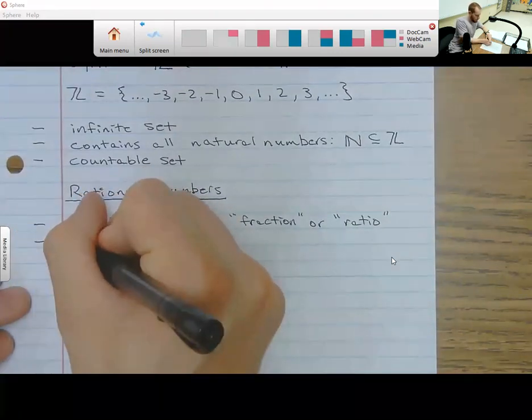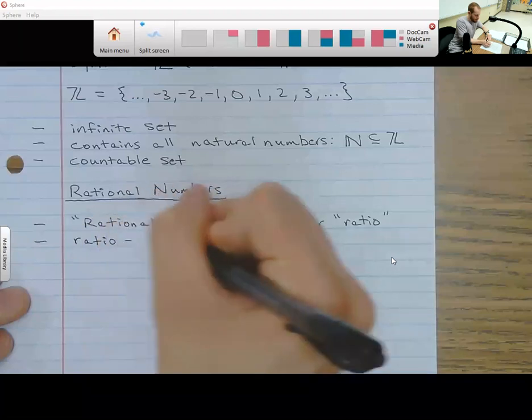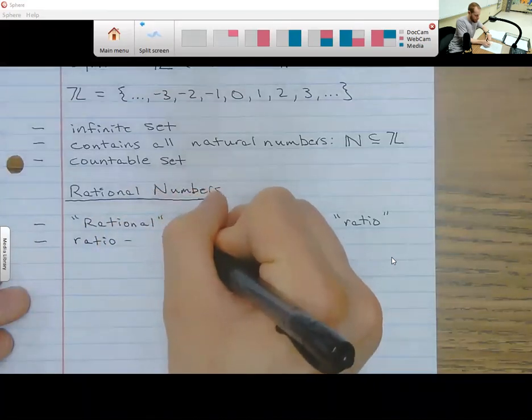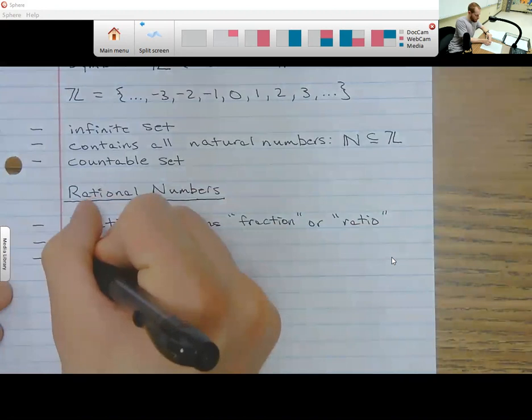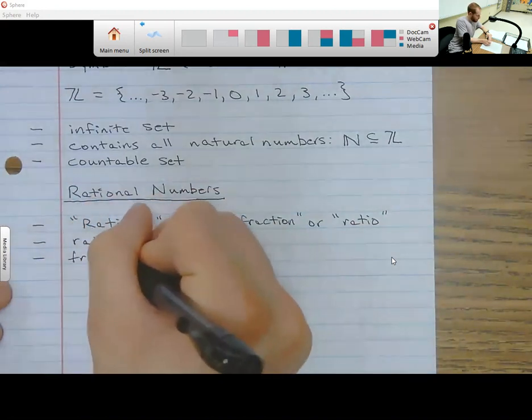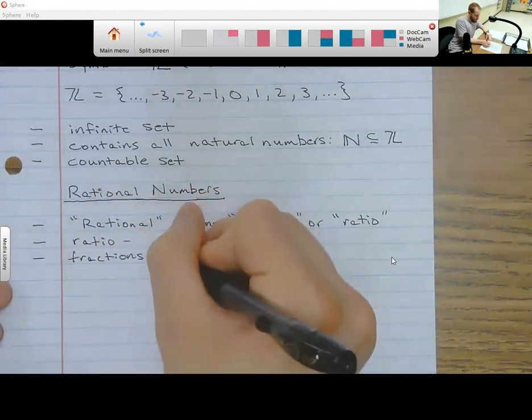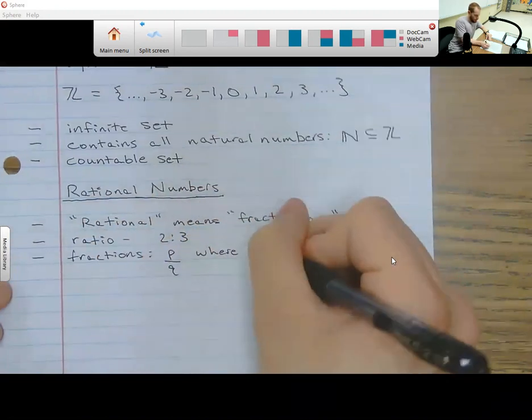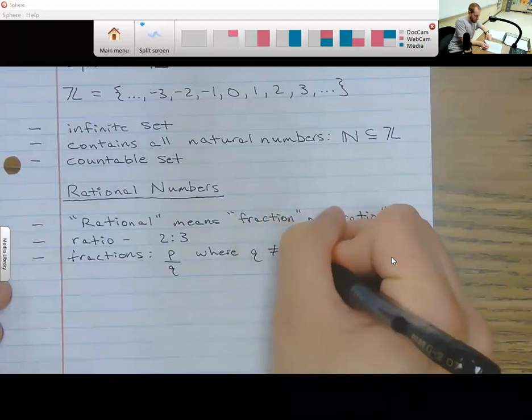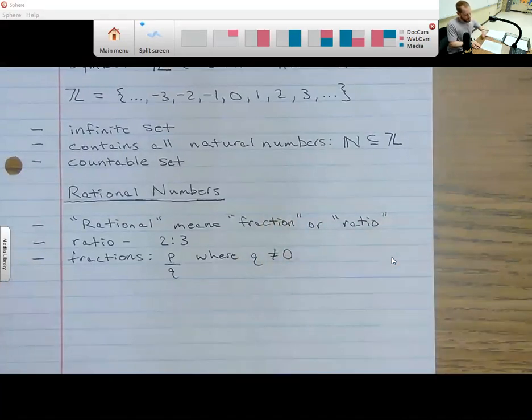So for example, a ratio could be 2 to 3, right? We would write that as 2/3. So it's going to be the set of all fractions. And when I say fractions, I mean something like P over Q, where Q cannot equal 0. Q cannot be 0 because if Q was 0, you would actually be dividing by 0, right? And we can't do that.